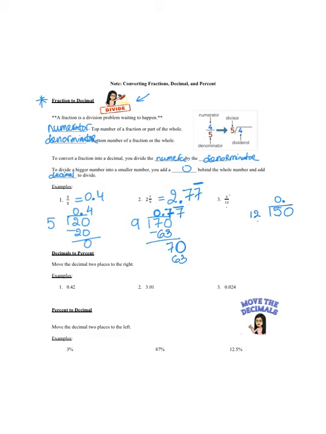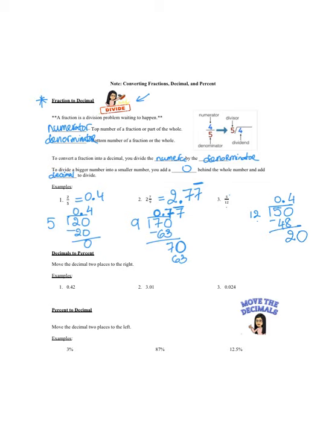So how many times does 12 go into 50? 4, because 4 times 12 is 48. 50 subtract 48 gives me 2. Borrow 0, 20 divided by 12.